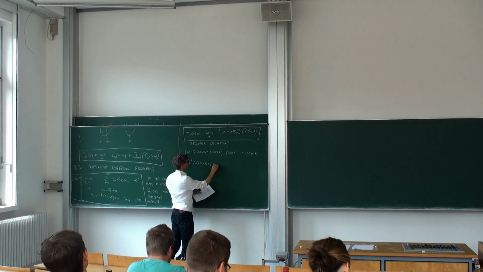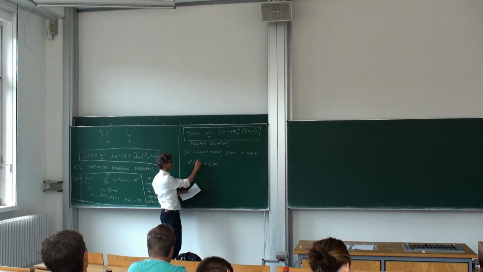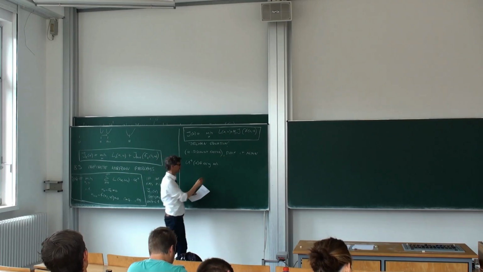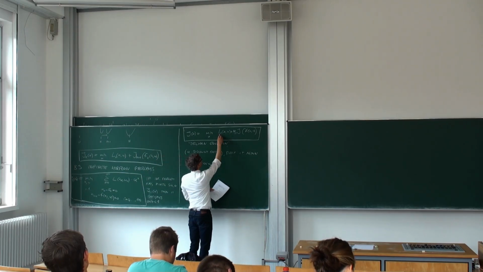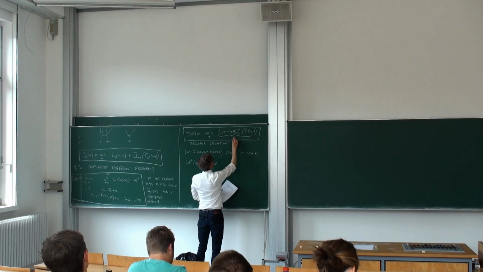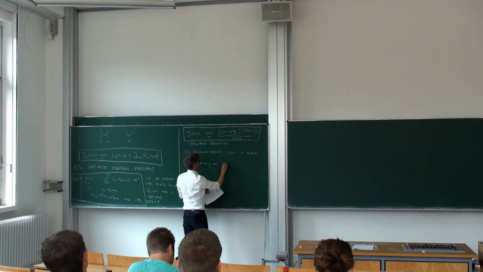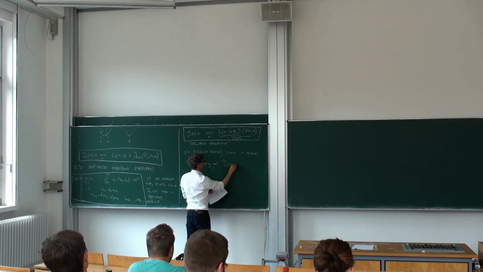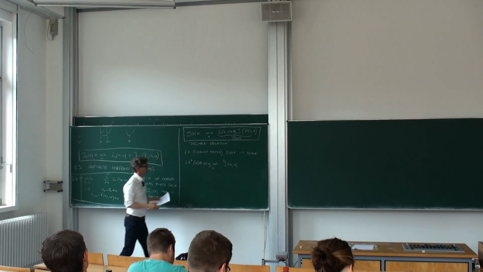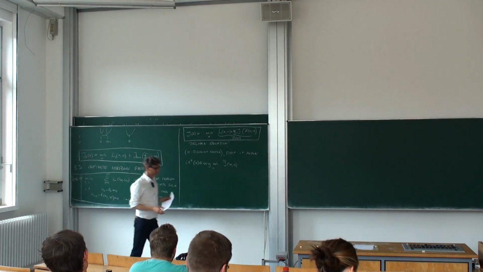And if it's unique, sometimes it's not unique, so correct would be actually this. It's an element out of the set of minimizers of this function. And this whole function we will call J tilde of x and u.